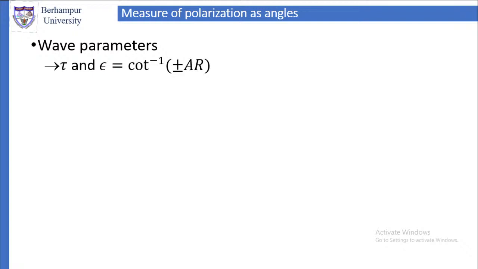If it is plus AR, then epsilon is equal to cot inverse AR, which gives us the positive, right-hand polarization. Similarly, epsilon equal to cot inverse of minus AR gives us the left-hand polarization. So for these two polarizations we use this.